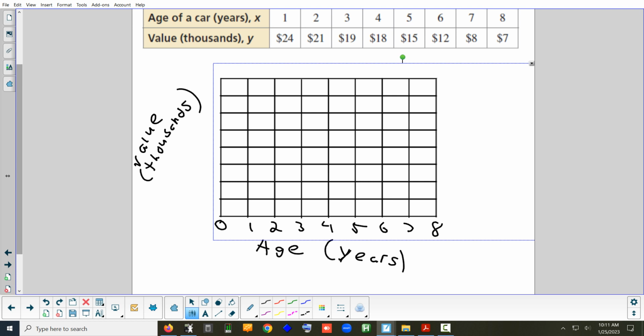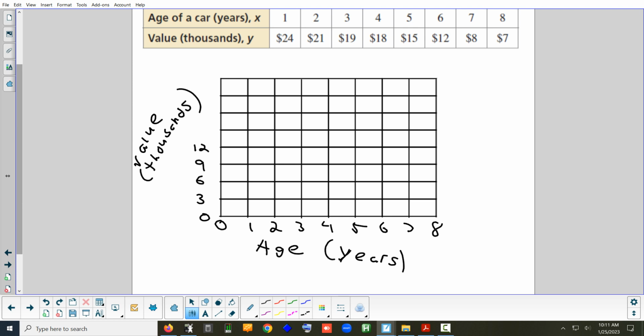So I can't go by ones. What do you think I should go by on the y-axis? 4. Yeah, we could go by 4s. That'd be plenty. I think we might even be able to get away with 3s. We do have enough room to go by 3s. So 0, 3, 6, 9, 12, 15, 18, 21, just barely enough space to go to 24.